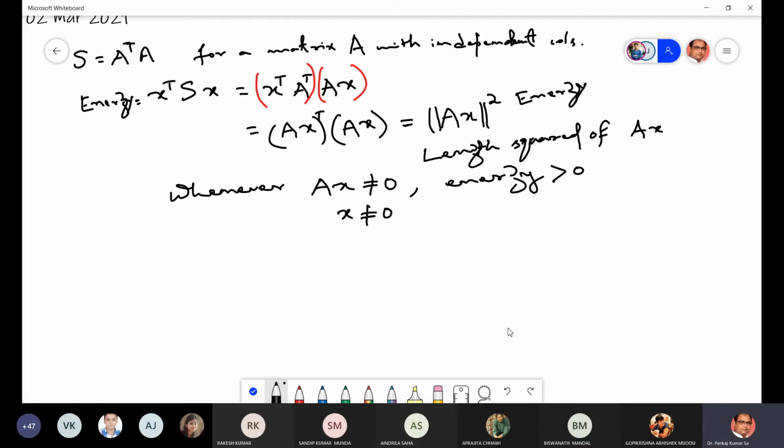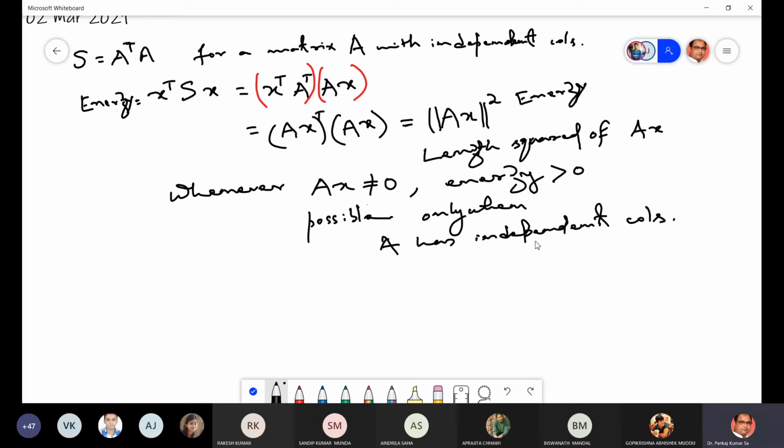So if Ax is not a zero vector, and we want to assure that Ax is not equal to 0 when x is not equal to 0, this is possible only when A has independent columns. That's how simple it is.